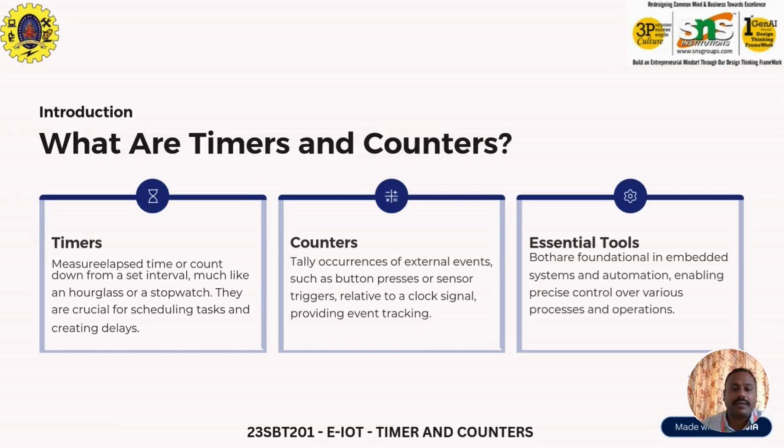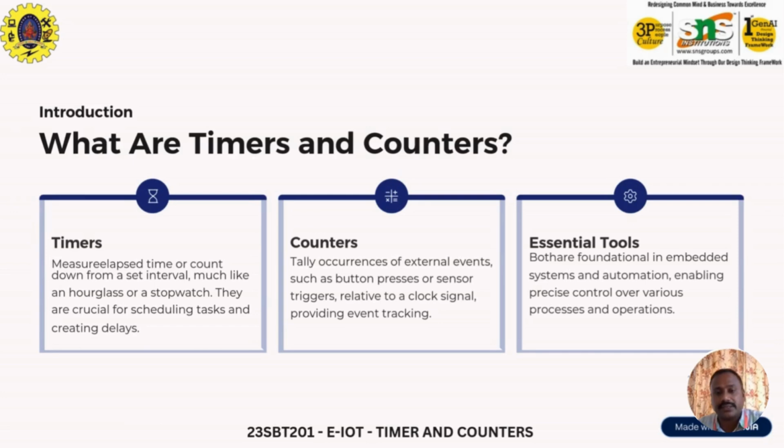The signal is transmitted through timers and counters. It is interconnected with sensors, so how the sensors trigger depends upon the timer and clock-based signals. I hope you understand this.